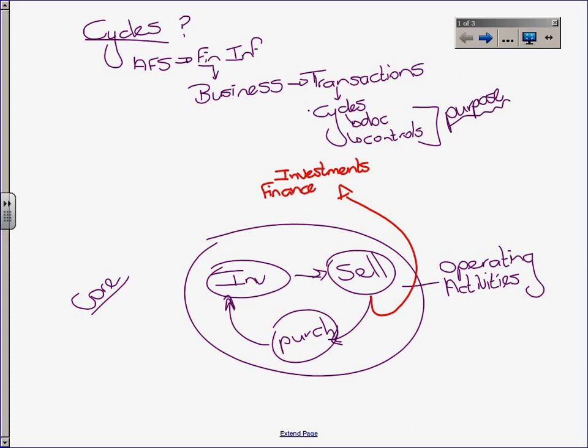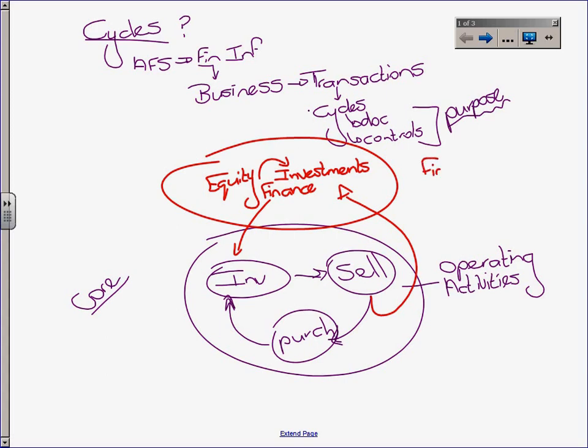In terms of where our money comes from, it could come from equity, from the shareholders themselves, or it could come from finance, which could put the money in to buy your inventory, to pay for purchases, to expand the business, etc. So we could get loans from the bank in order to fund the investments so that we have assets to make the inventory. And this would be our finance cycle, or our financing activities. So finance and investment activities, if you will.